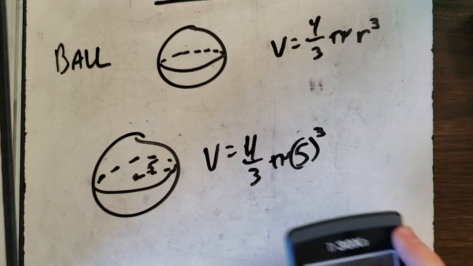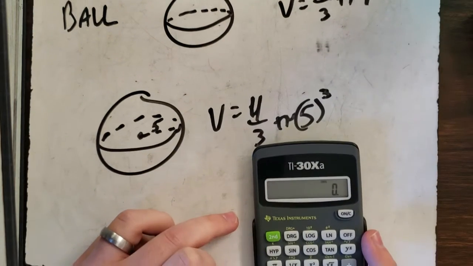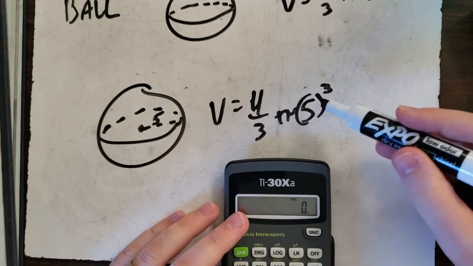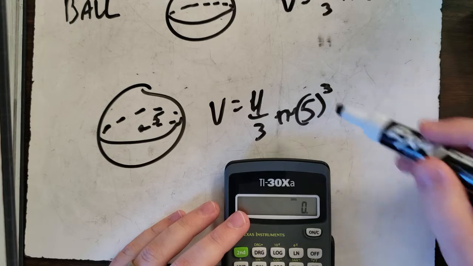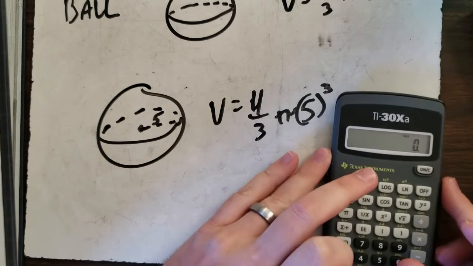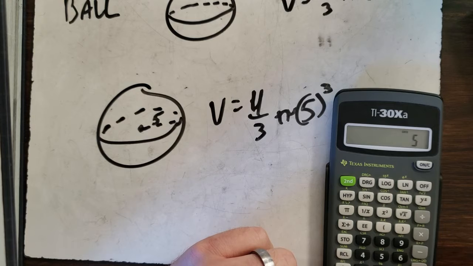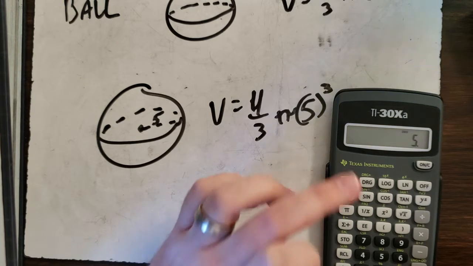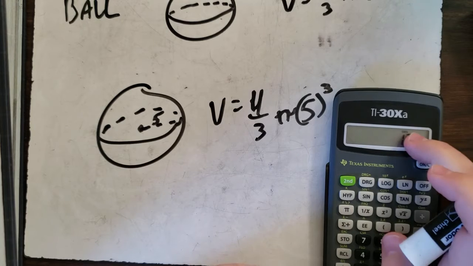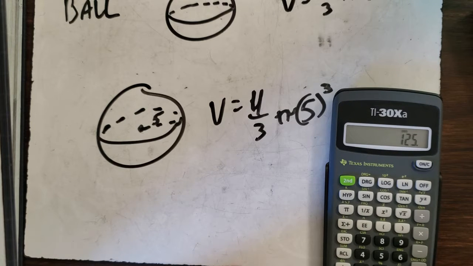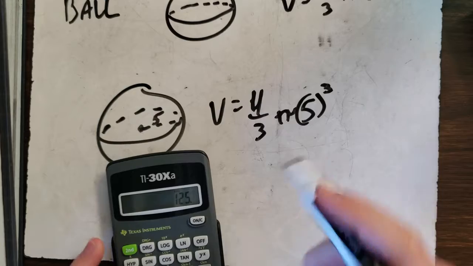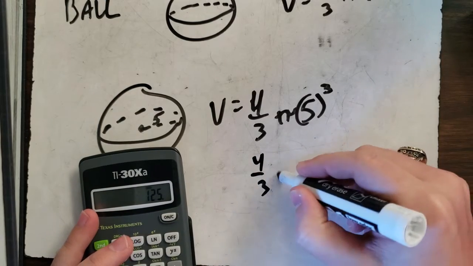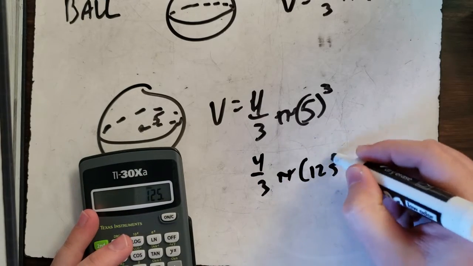So, first things first, we have to do 5 to the third power. On this calculator, you can hit the 5, hit your y to the x button, 3 for the third power, and it gives us 125. If you want to write that down, you can. 4/3 pi, and then times 125.